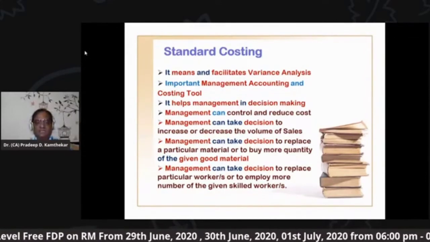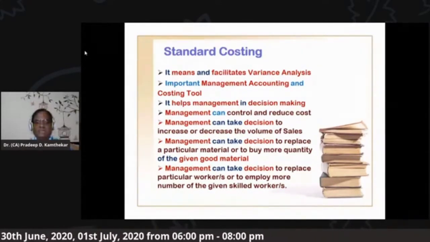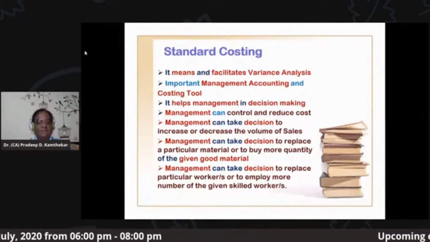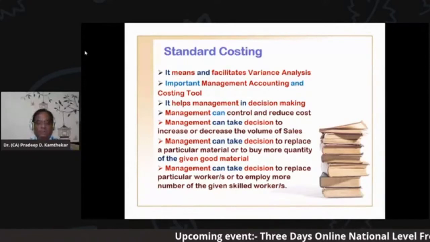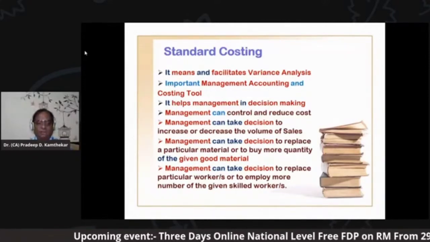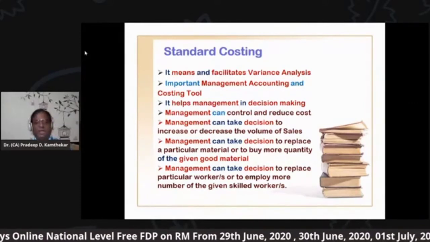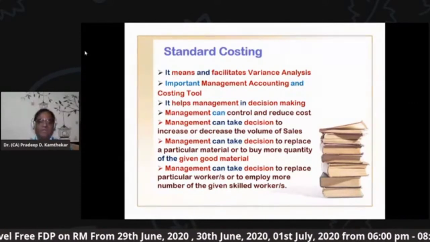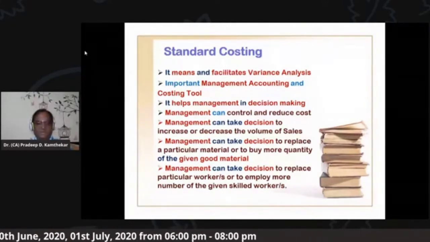In that case, through this standard costing tool, the business can understand which material is that where the business is incurring more than the estimated amount, and that material could be replaced with a good quality material which is available at a reasonable price.